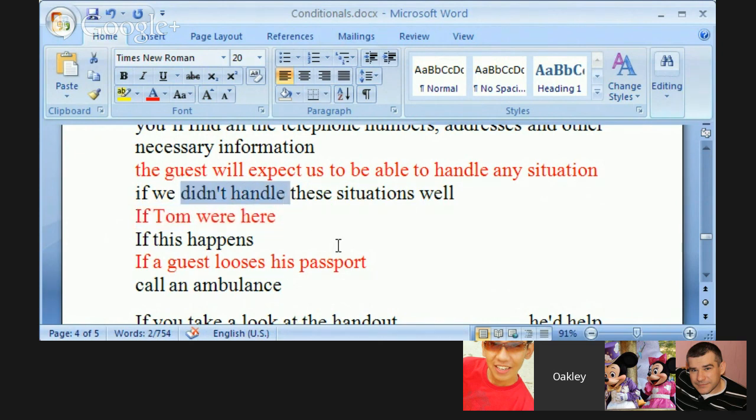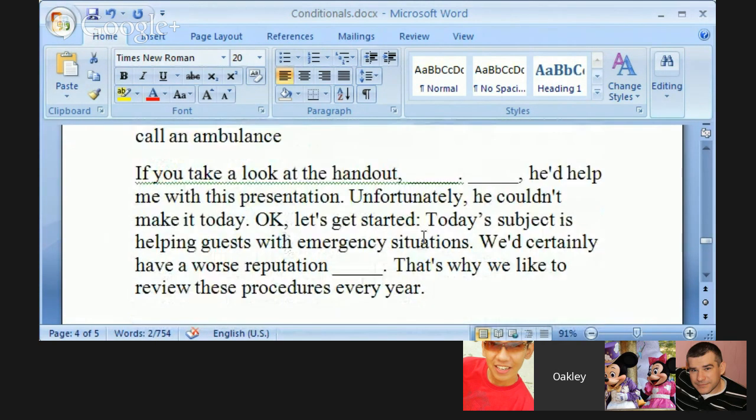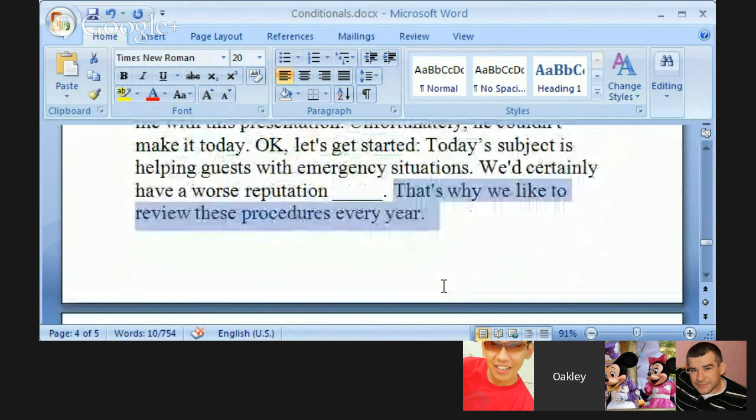That's right, which we need for the second conditional. You logic that out very well, using the rules. Good job. We'd certainly have a worse reputation if we didn't handle these situations well. That's why we like to review these procedures every year. But wait, there's more.